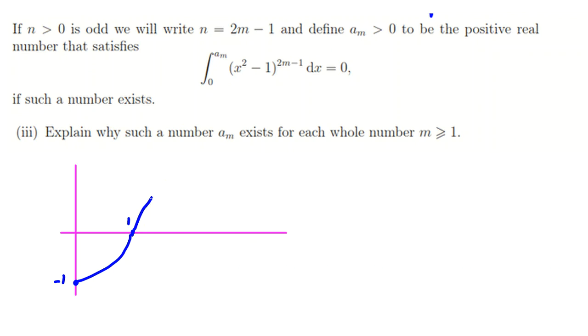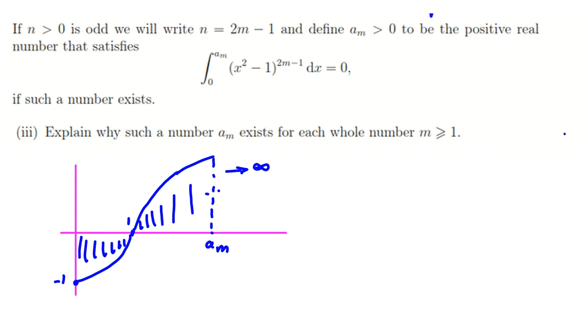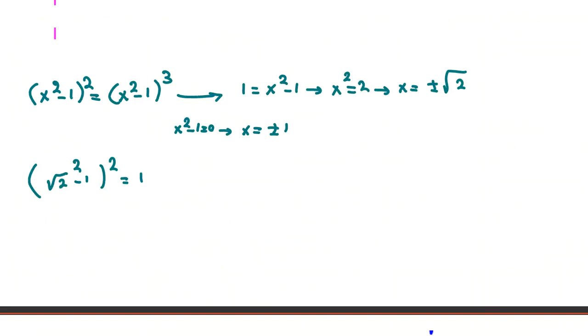Okay. And it will be larger and larger, and it goes to infinity. So when we calculate the integral, up to this part it is negative, after that it will be positive, positive, positive, but because it goes to infinity, there exists a point where this part equals this part, and that point we call a_m. Okay, you should explain this.